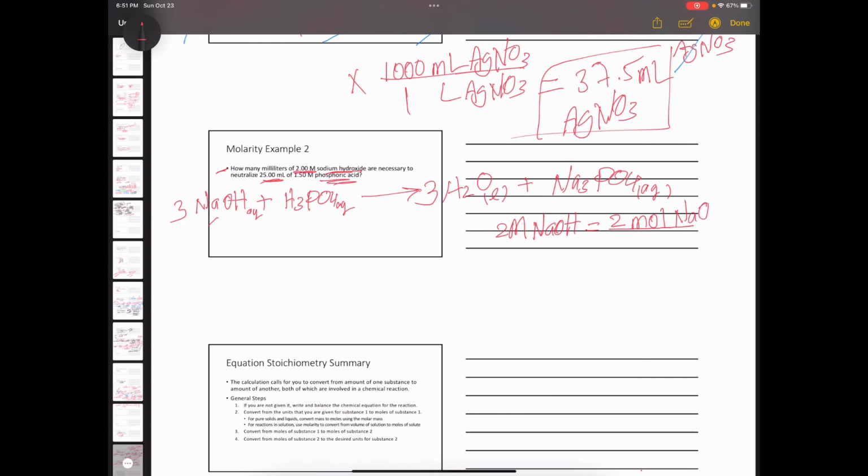NaOH, 1 liter NaOH. Okay, so that's for the NaOH. For the phosphoric acid, it's 1.5 molar H3PO4. So that would be 1.5 mole H3PO4 divided by 1 liter of H3PO4.